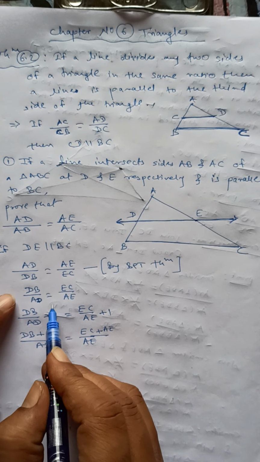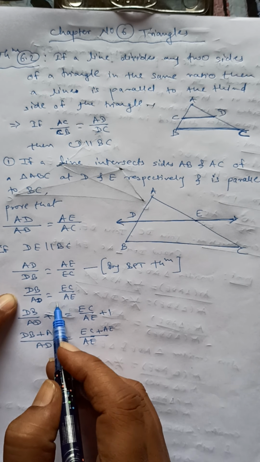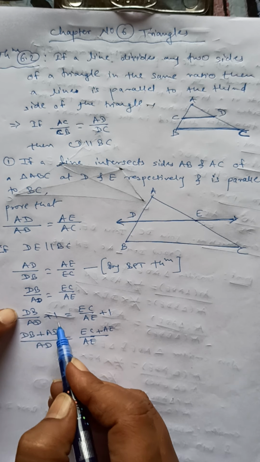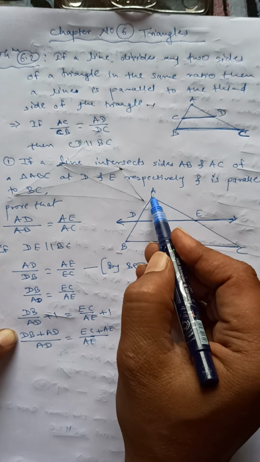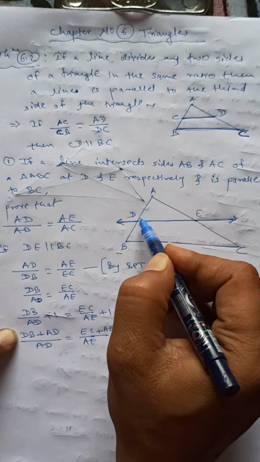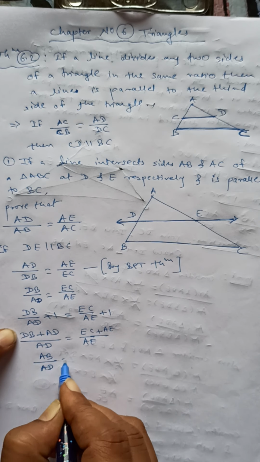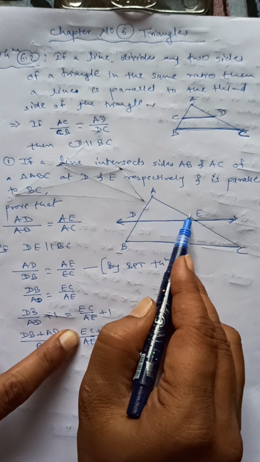Why have I taken the reverse ratio here? Because I want to get AD upon DB plus AD. I'll tell you, DB plus AD in the figure is AB. So AB upon AD is equal to EC plus AE upon AE.